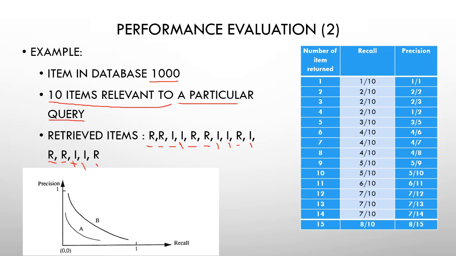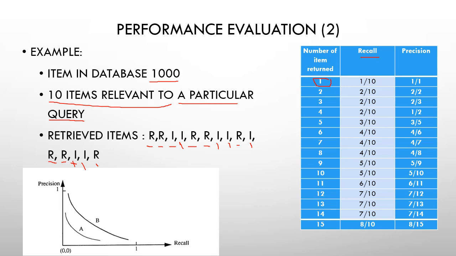Now, let's suppose that we make a table like the one on the right here. When we have one document retrieved, the document is relevant. So the recall, remember the definition, is calculated as the number of relevant items retrieved divided by the total number of relevant documents in the system.